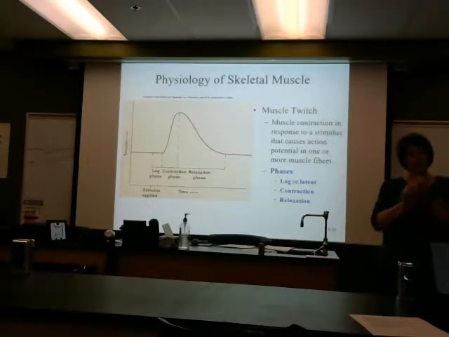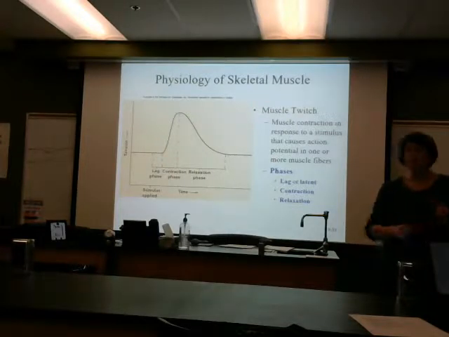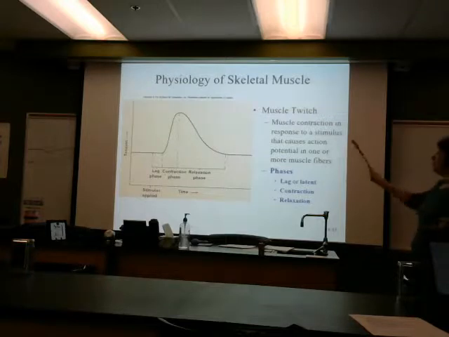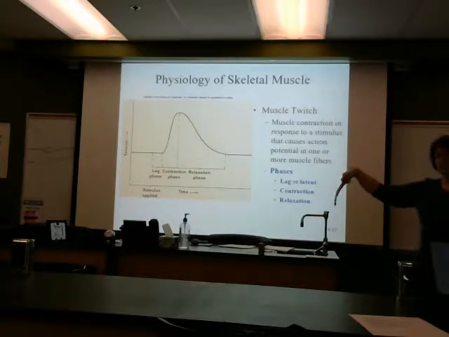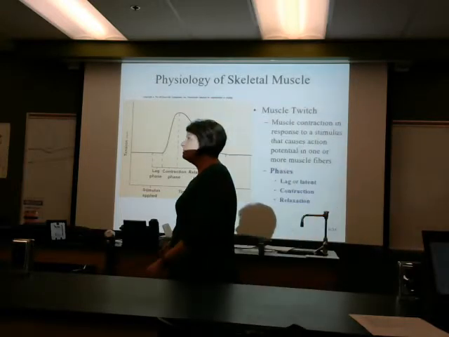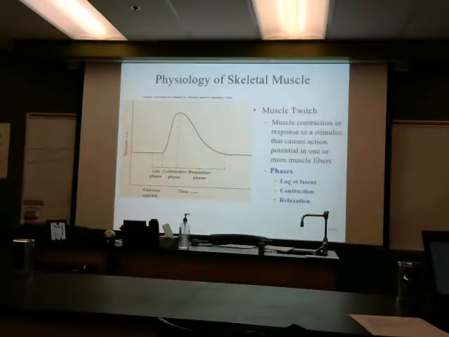Now, if you remember, a muscle is not just one fiber. It's this makeup of all these fibers that are bundled together. But here's what we know, okay? We know that if we are looking at this physiology, at this activity, at the level of this muscle cell, we're going to be able to determine what's going to happen to the muscle as a whole.